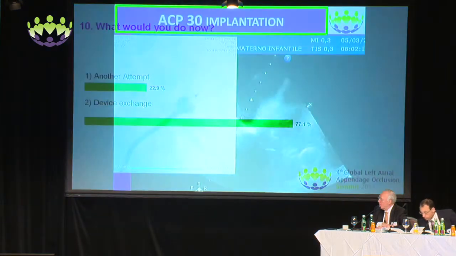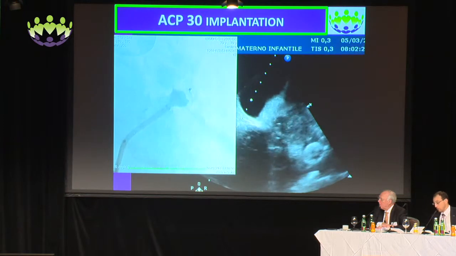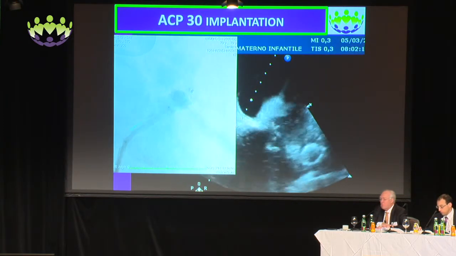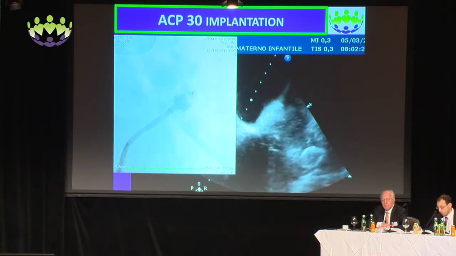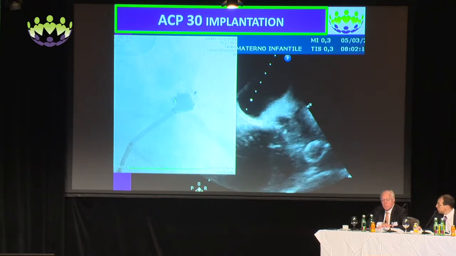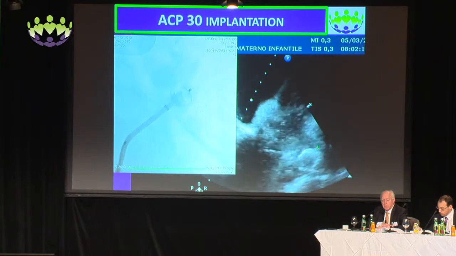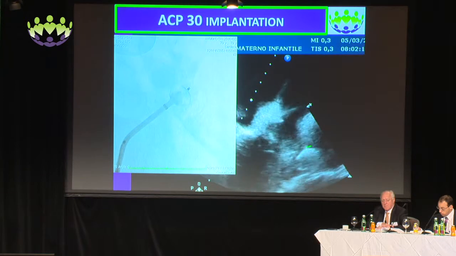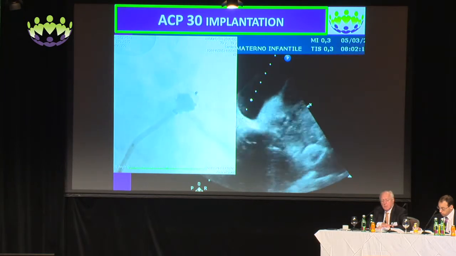Okay, we decide to move to the ACP 30. This is the position of the catheter, which is more or less the same. We open the device. We monitor the position of the lobe in the landing zone with the ICE.